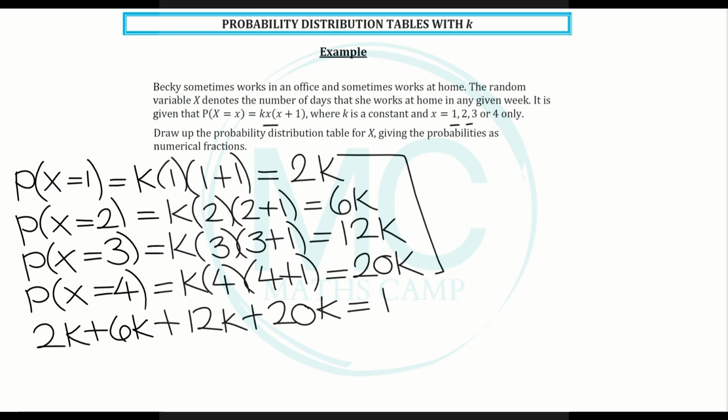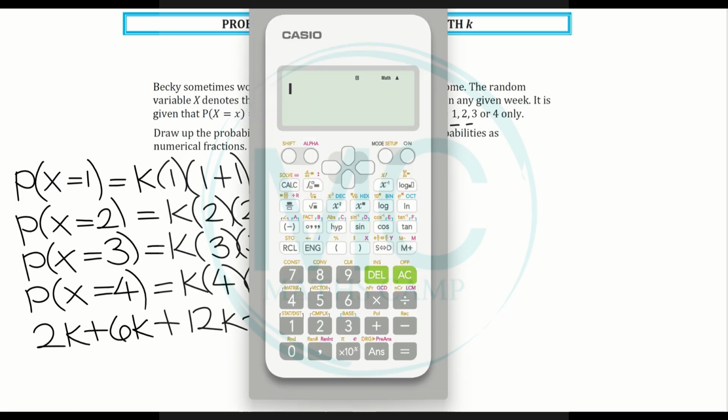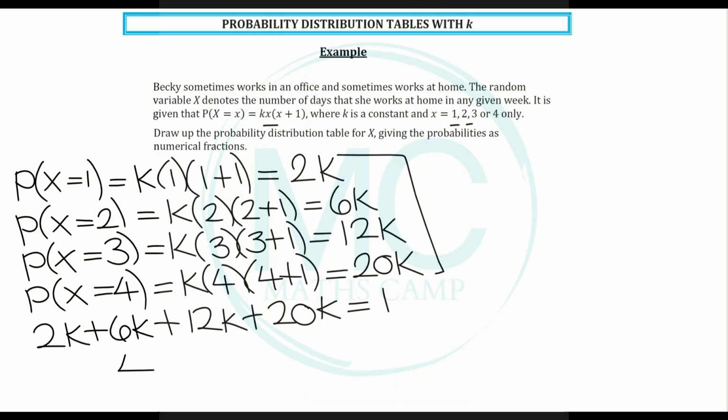Let's add our k terms. So 2 plus 6 plus 12 plus 20 is equal to 40. So 40k is equal to 1. This means that k has to be equal to 1 over 40. And now I can substitute 1 over 40 into my k values up here.